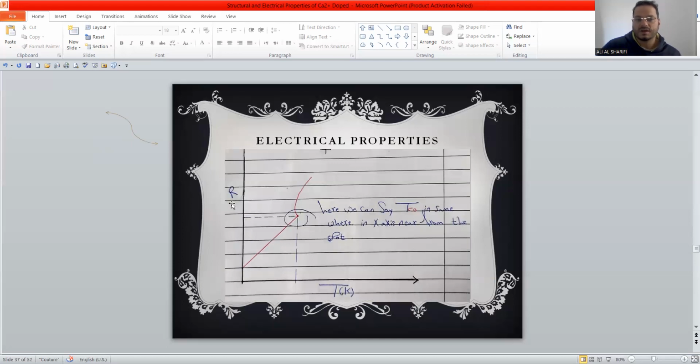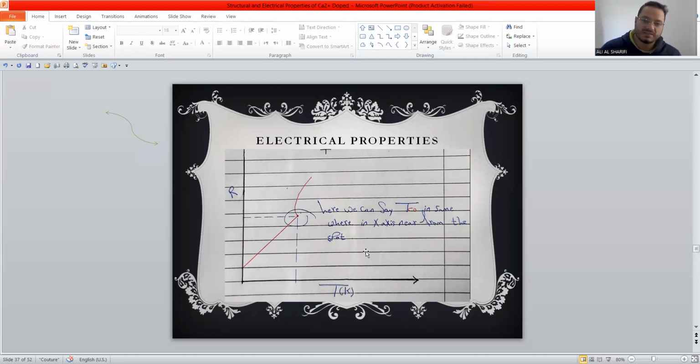Now, when we plot resistance on the y-axis and the temperature on the x-axis for one of these different concentrations of doping element, we will see something like this behavior, linear behavior, and after that it converts to act like a curve.